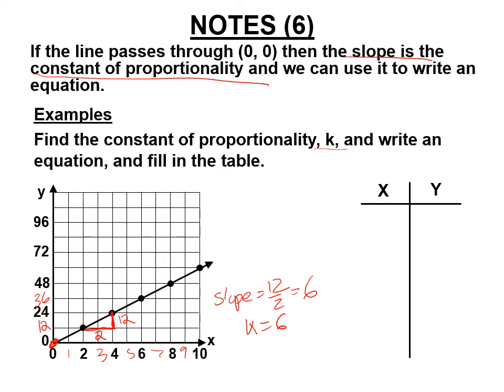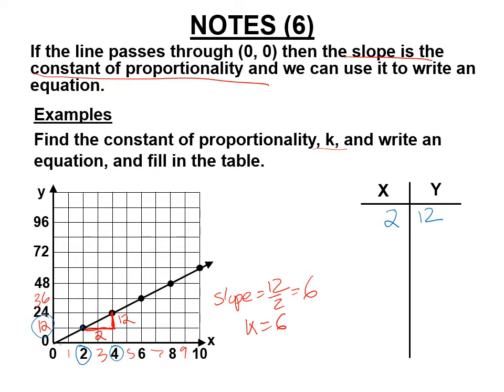Because this is a line that starts at 0, 0, slope and k are going to be the same number. Now let's fill in this table and see if we can learn more about this. We know that one of the points was 0, 0, but I didn't put a dot on that intentionally because we're going to ignore that. When x is 2, y was 12.